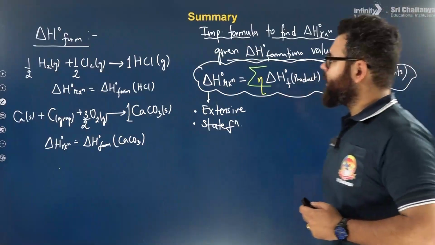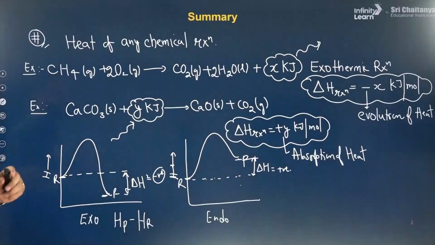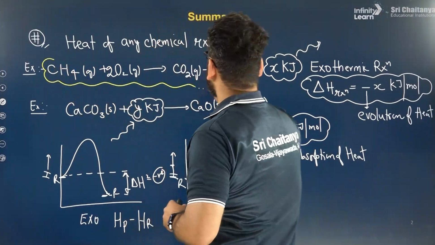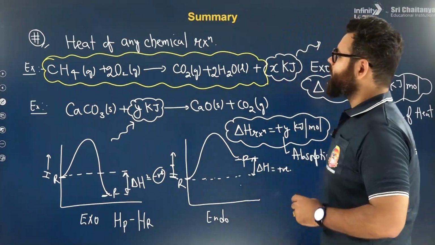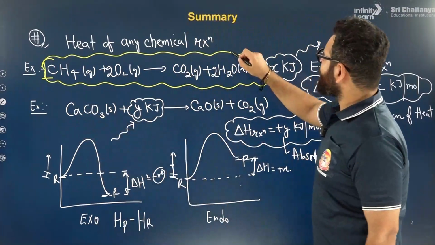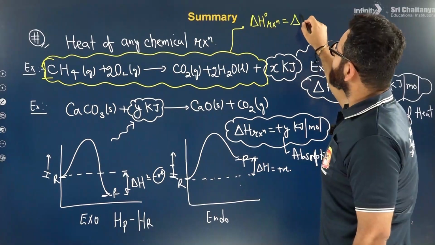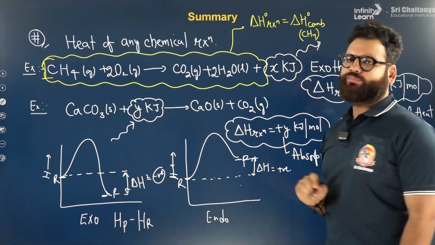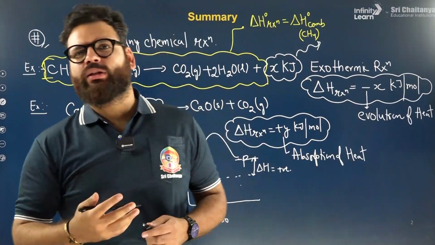Now, let us see a reaction which can be called as combustion reaction. I gave you one example here if you see. This first reaction that I have written is actually a combustion reaction of methane, because I wrote how many moles here? 1 mole here. So the name of this enthalpy, delta H naught reaction, can also be called as combustion reaction of what? Methane. Correct? And by the formula of delta H formation, what can I say?